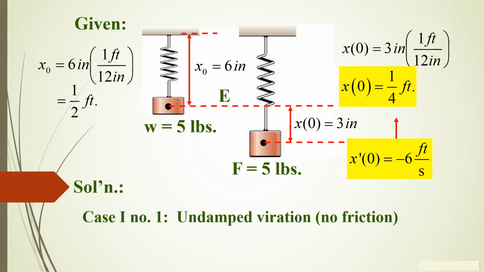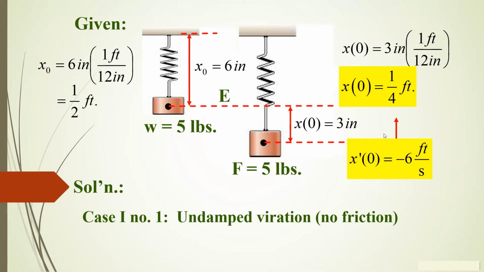Didn't I say earlier, any displacement going up would be negative, meaning any velocity going upward is also negative, right? So x prime is the velocity at time zero. So the velocity at time zero would be negative. So now you know these values.